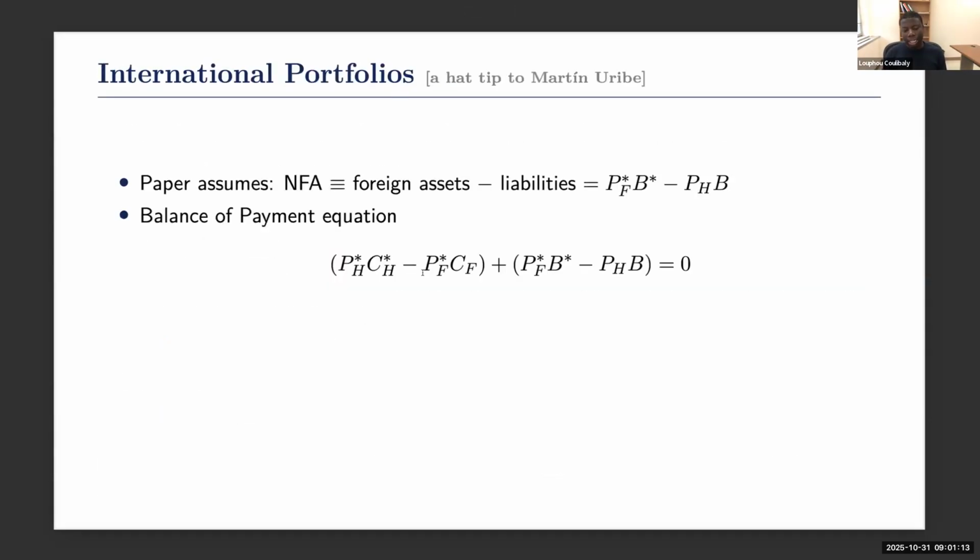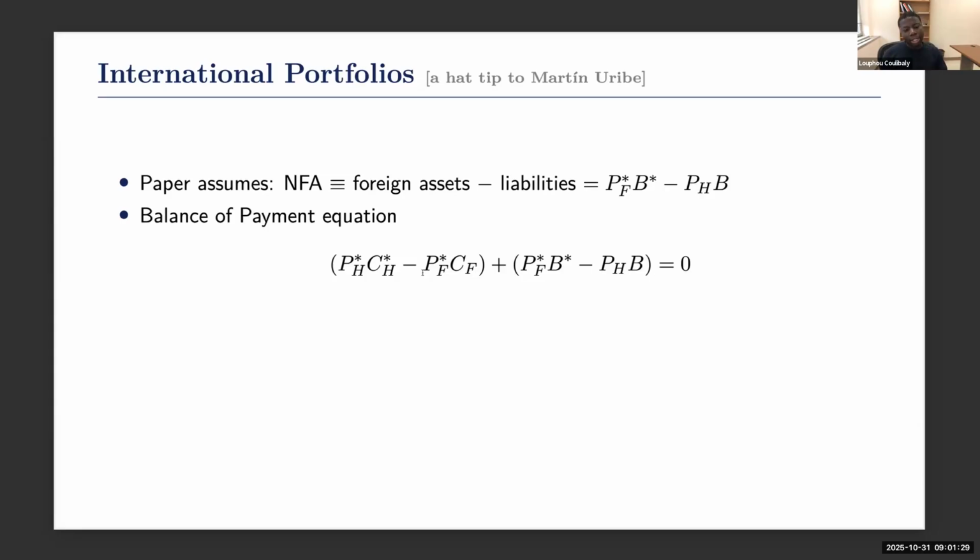And the last thing that I want to briefly mention is something that I thought about when I started reading the paper, and Martin Uribe gave a great discussion last week at the NBER. So I'm going to give him credit for that.